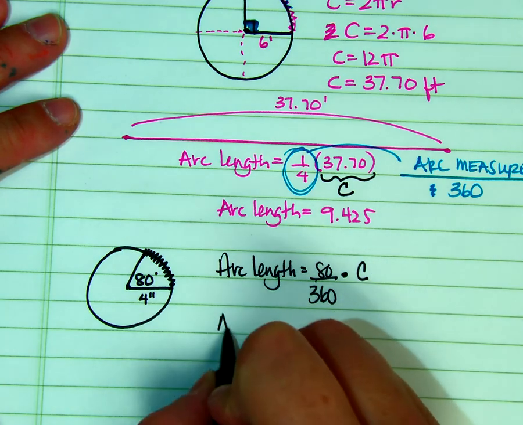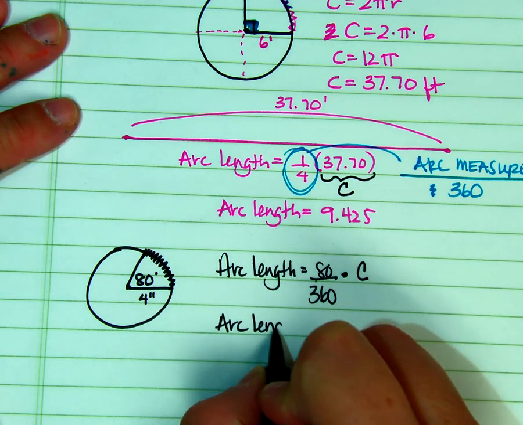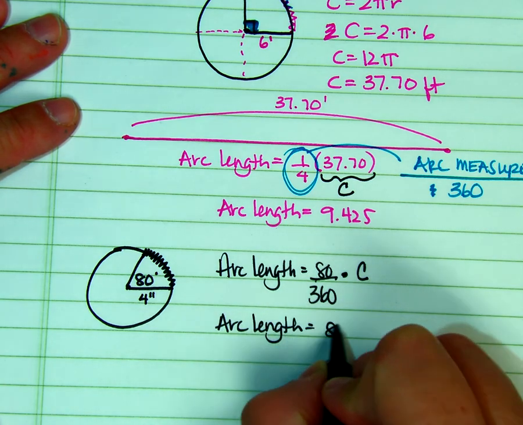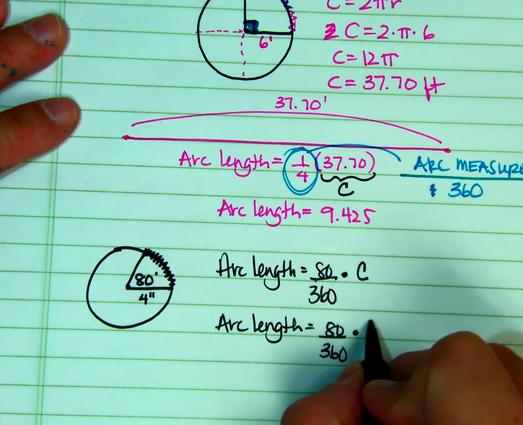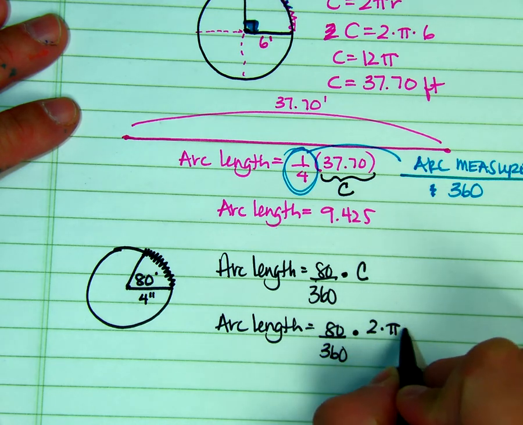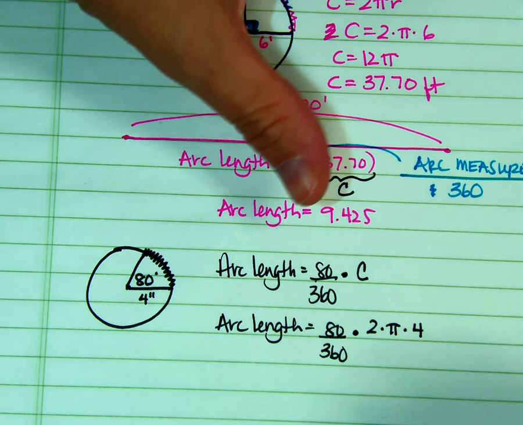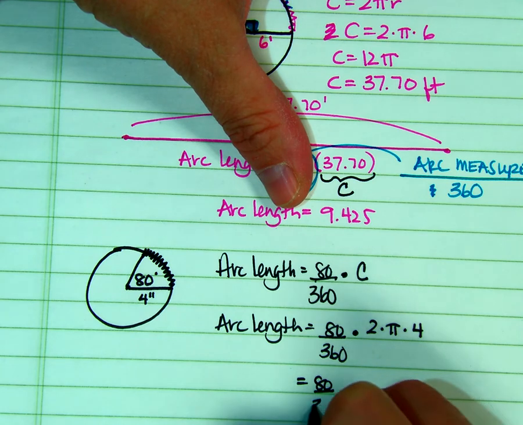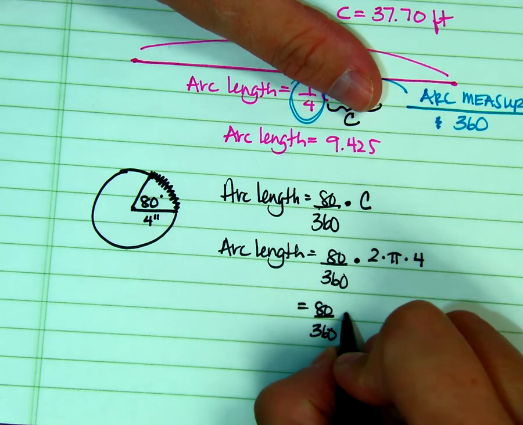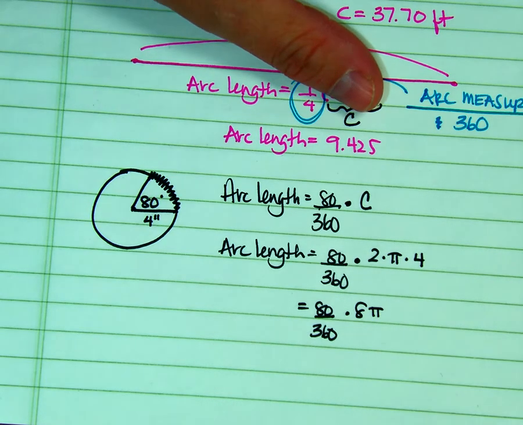So I have my arc length equals 80 over 360 times my circumference is 2 times pi times my radius of 4. So I get 80 over 360 times 8 pi.